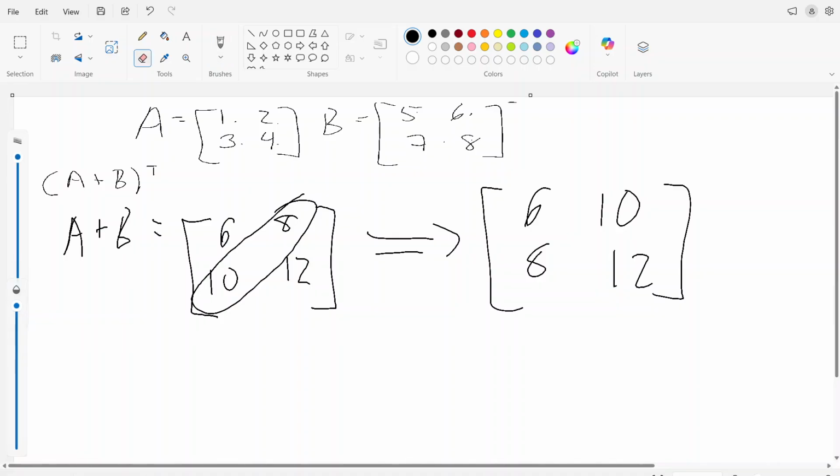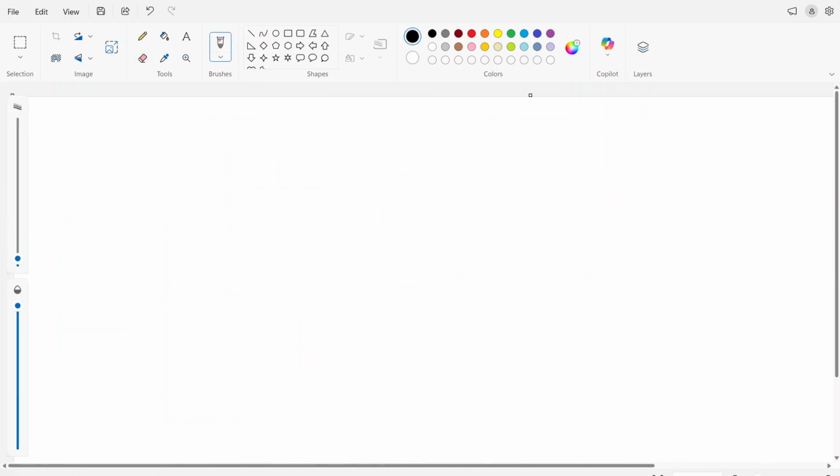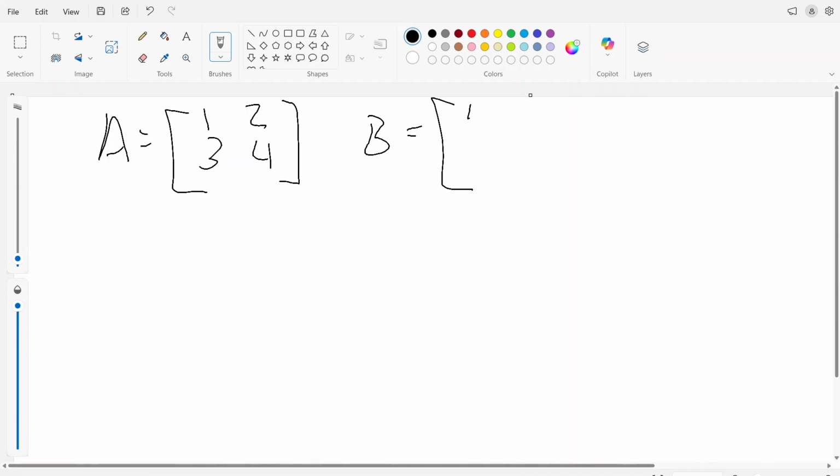Now we'll move on to example number 6, probably our last one, and this is quite a common exam question that I have seen in my area. If matrix A equals [1, 2; 3, 4] and matrix B equals [5, 6; 7, 8], the question is, what is (AB)ᵀ without multiplying?